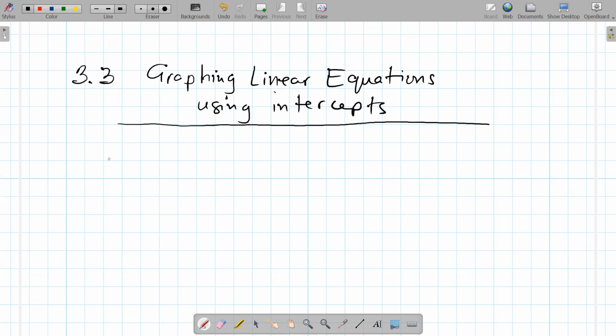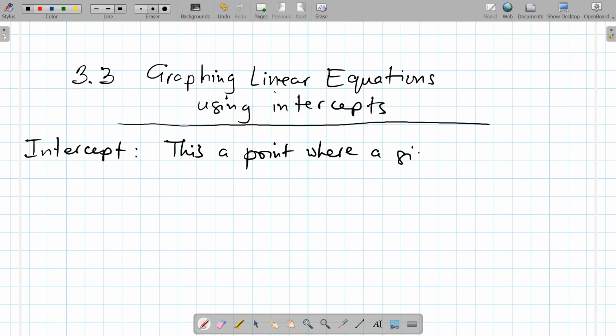First off, let's understand what an intercept is all about. So, intercept. This is a point where a given line crosses either the x-axis or the y-axis.